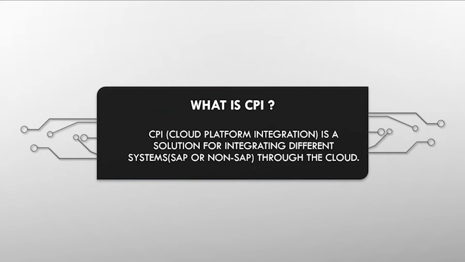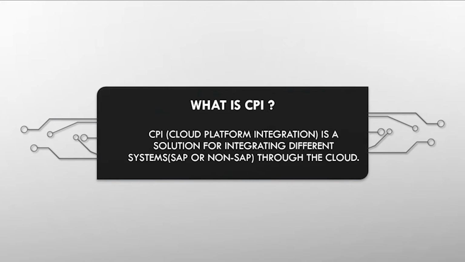Using this you can integrate both systems, and they can communicate, send data, transfer messages, or do any kind of communication. So now you might be clear about what CPI is. To repeat, it is an integration solution for establishing communication between two systems.